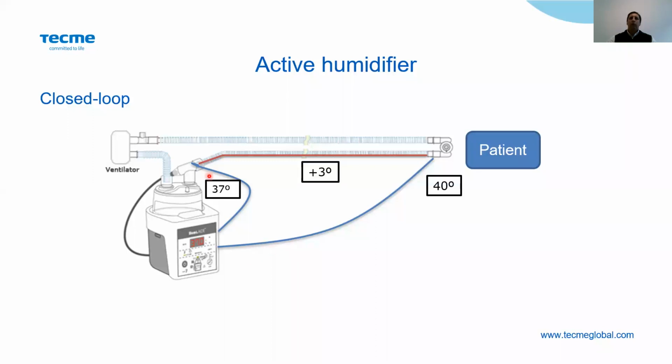So you have not only the warm-up here, you also have a hot wire inside the inspiratory limb in order to keep the temperature constant along the whole inspiratory limb and avoid condensation. And then the patient will exhale through the expiratory limb to the ventilator.